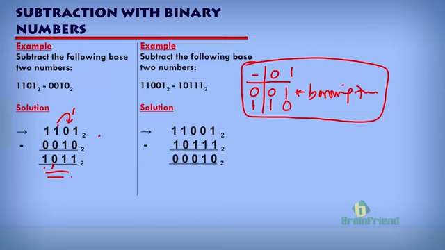Now we'll try the second question. Subtract the following base 2 numbers. 11001 base 2 minus 10111 base 2. Let's go ahead to do our subtraction. 1 minus 1 gives us 0. 0 minus 1, we said, will give us 1. But remember, to do that, we need to borrow 1 from the more significant bit.